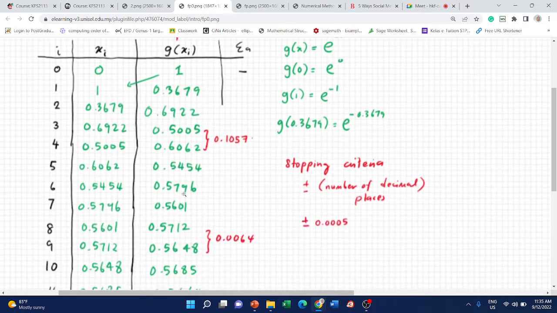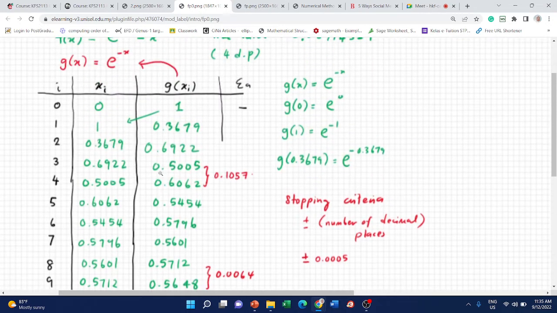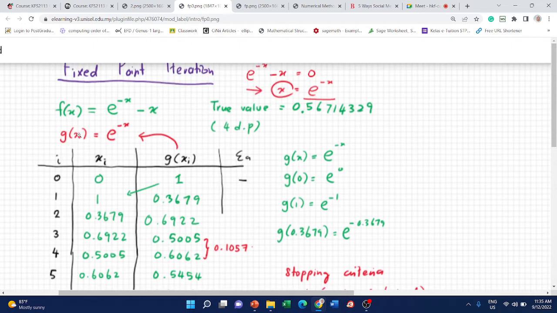Okay, so whatever numerical method you use for solving, it should converge. If it doesn't converge, which means it diverges, that means either you calculated wrongly or your function is not suitable here. I see. Okay.